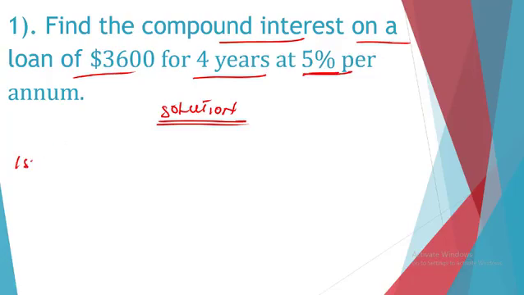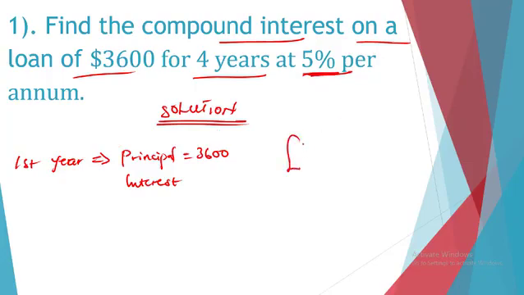We'll start with year one. We have the principal, which is $3,600. The interest is calculated by multiplying 3,600 by the percentage of the interest, which is 5%.